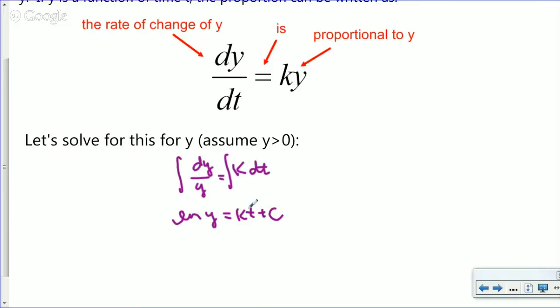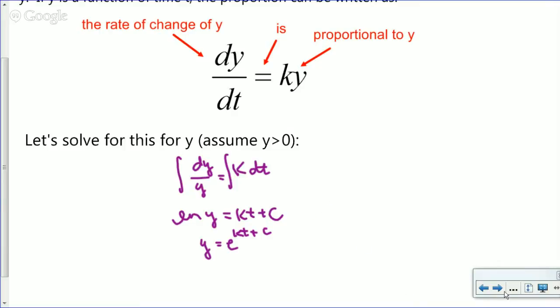Right? If I took the derivative of this with respect to t, I would get back to k. All right. So now we want to solve for y. So I want to get rid of this ln. So I would exponentiate both sides. So I would have y equals e to the kt plus c.